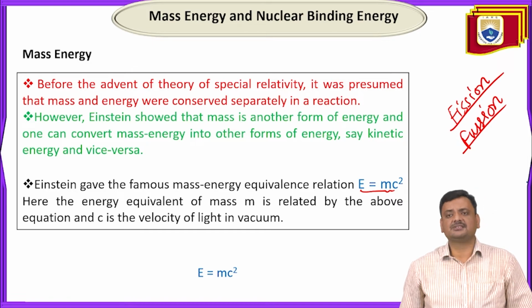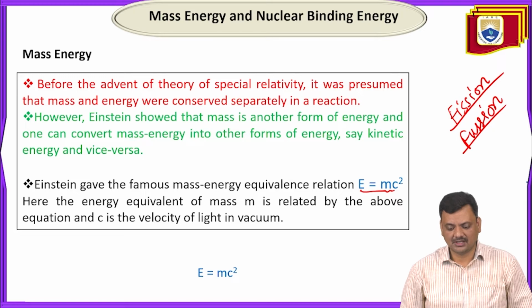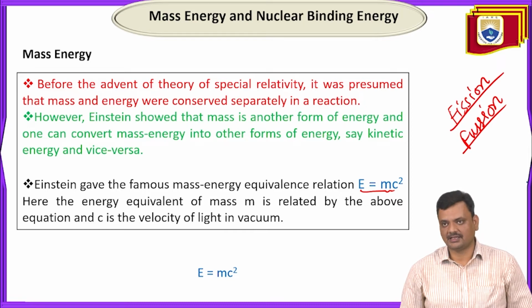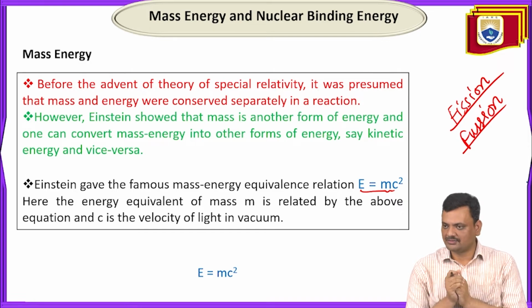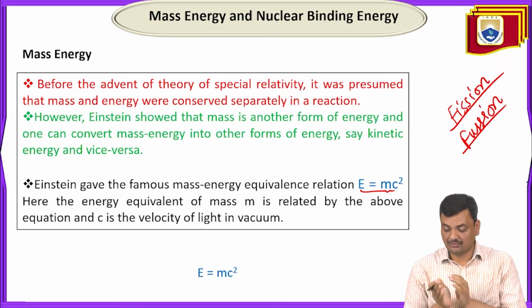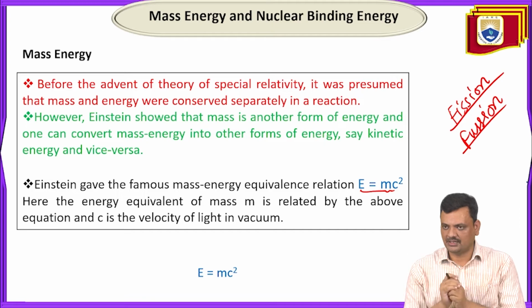The same thing is written here. Before the advent of the theory of special relativity, it was pre-assumed that mass and energy were conserved separately in a reaction. Before Einstein's hypothesis of mass energy equivalence, people thought that mass and energy were both conserved separately.